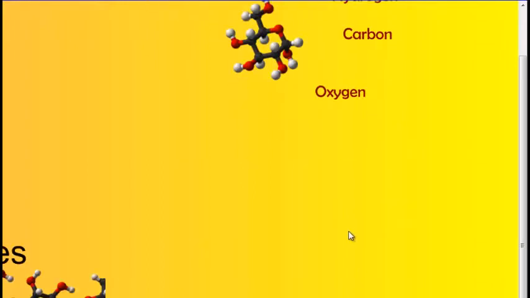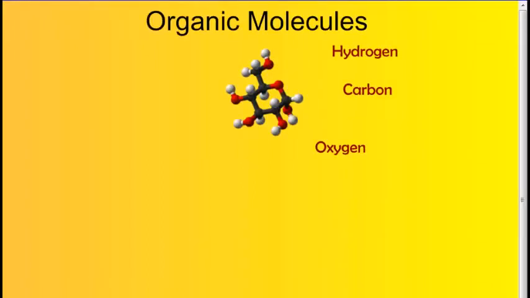In this diagram, the hydrogen atoms are in white, the carbon atoms are the black ones here, and the oxygen atoms are the red ones right here. So you'll see there's several oxygen atoms and several carbon atoms. Okay, but it's these elements that build this molecule.